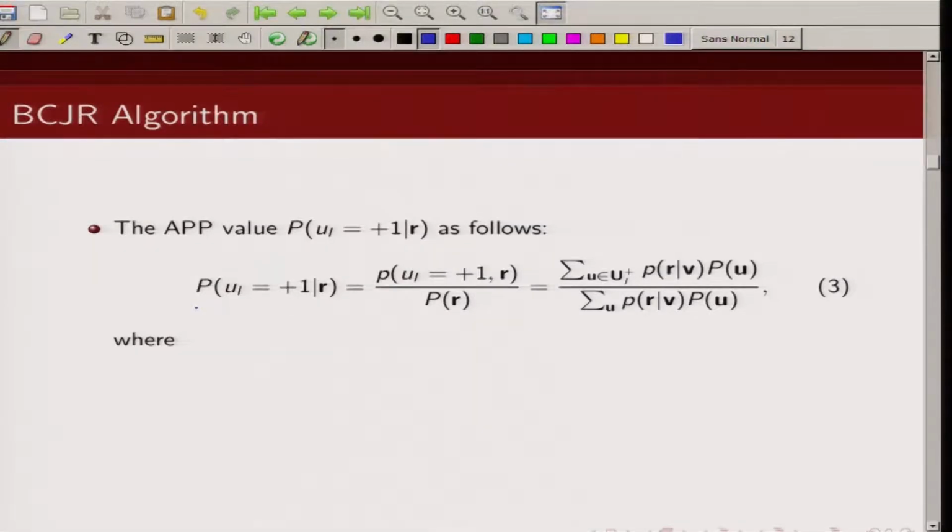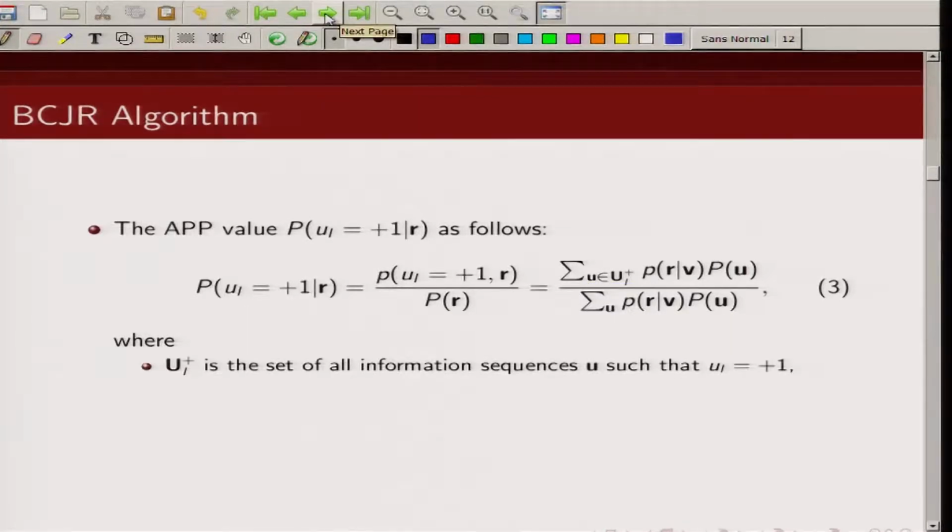So, let us look at this probability of U_l being +1 given a received sequence R. This can be written as the joint probability of U_l being +1 and received sequence R divided by the probability of receiving this R. This can be written as probability of R given V multiplied by probability of U, summed over all input sequences that belong to the set where U_l is +1.